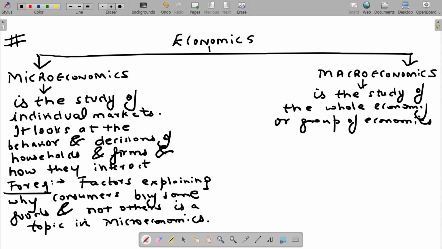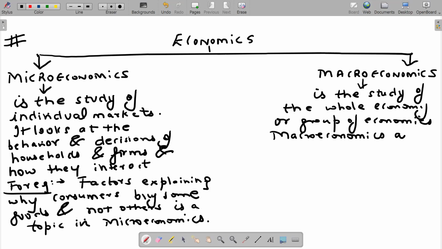So when we talk about macroeconomics, we are not talking about individual. Now we are talking about the whole. We are talking about a group. So I can write macroeconomics, and continue forward with the explanation.